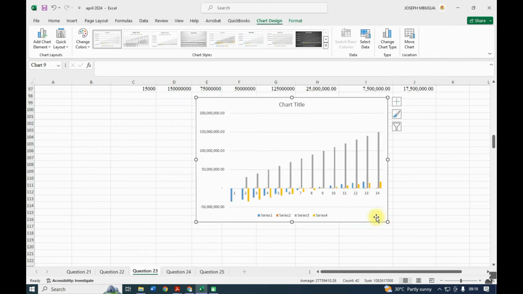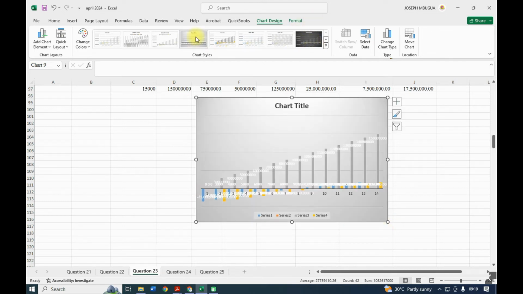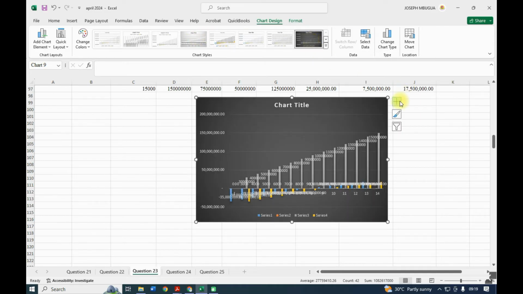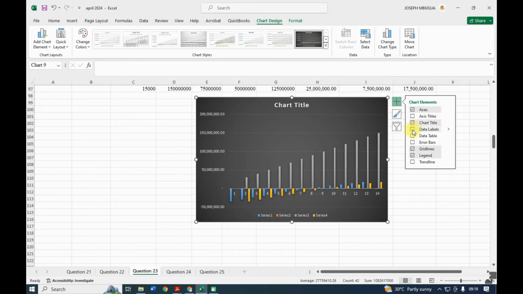The clustered chart in this case, you can use without the data labels. Yeah, that way. So this is a profit.